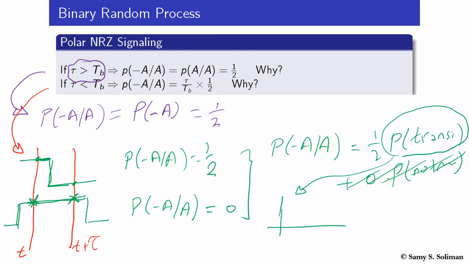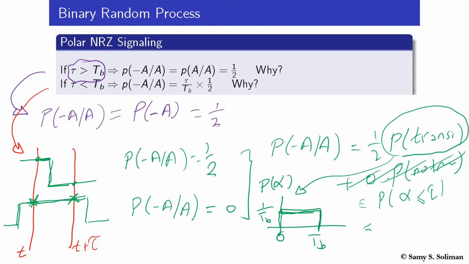let's recall what was the probability distribution of alpha. Alpha was distributed between 0 and TB, and it was uniformly distributed, so it has a probability density function of 1 over TB. So the probability of having a transition is equal to the probability that alpha is less than or equal to tau, such that we have a transition within the bit duration.